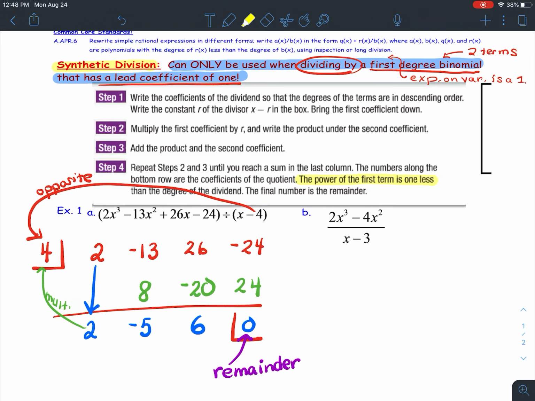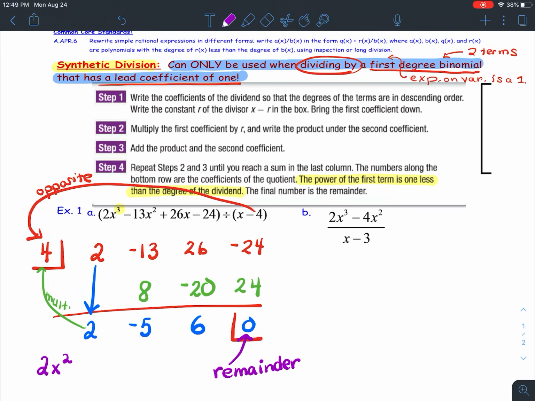I should highlight this. This is very important. It says, the power of your very first term in your answer is always 1 less than the degree of the dividend. So what this means is if your original problem was, in this case, a cubic, okay, it was 3rd degree, then our answer should now be 1 less than that, 2nd degree.